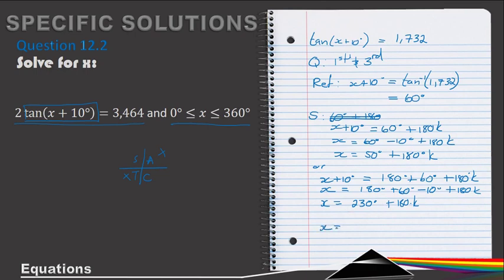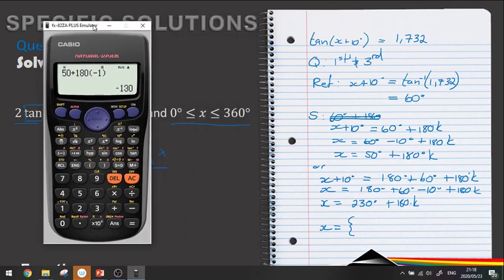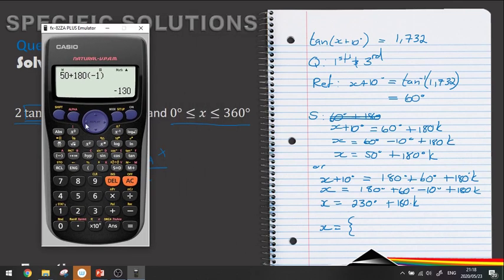Alright, now we need to find the specific solution. So we're going to use our two general solutions. For the first one, I've got 50 plus 180k, and for k being negative 1, I can see this is negative 130, so this falls outside of my restriction. If I put k as 0, I get 50.